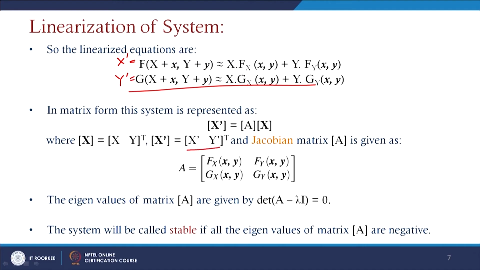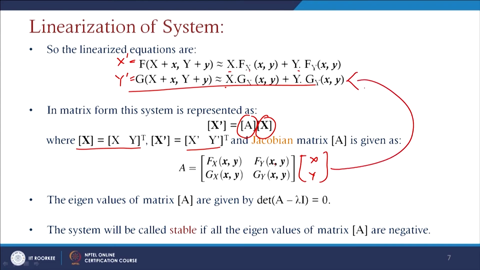So the right hand side can be expressed as a matrix A into matrix X, where since x and y are involved in this equation, we can write vector x as x, y and x prime as x dash and y dash, and the Jacobian matrix A can be written as A equals f_x, f_y, g_x and g_y. If it is multiplied with these factors x and y, obviously this will give you this vector there.